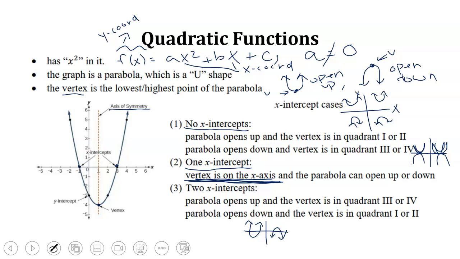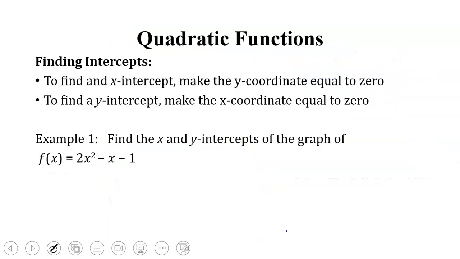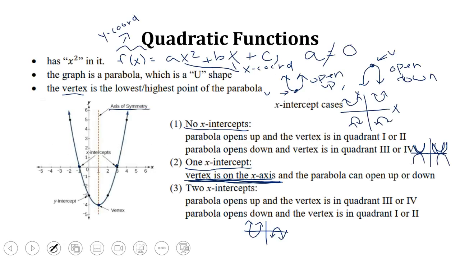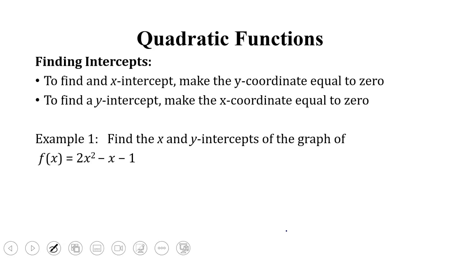Now, how do we know if the parabola is going to open up or open down? I'm going to write that right here. When we have our ax squared plus bx plus c, if the a is positive, then it's going to open up.